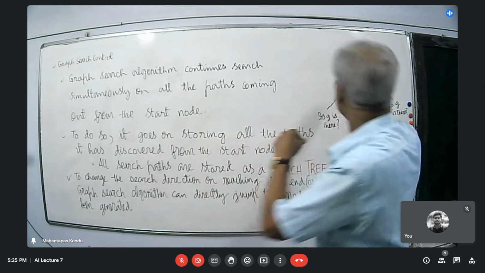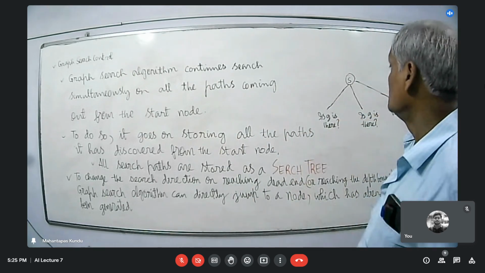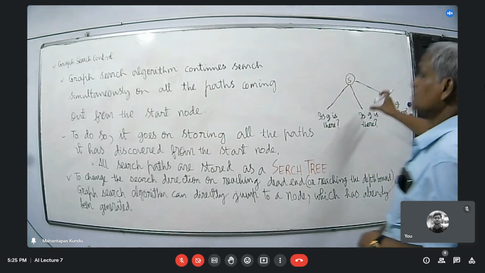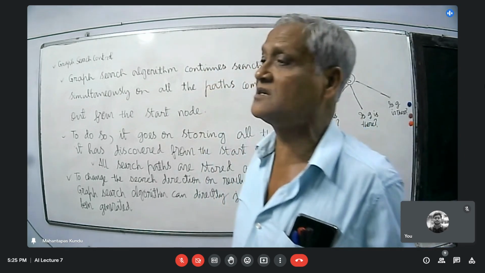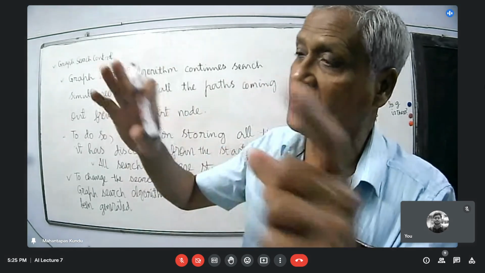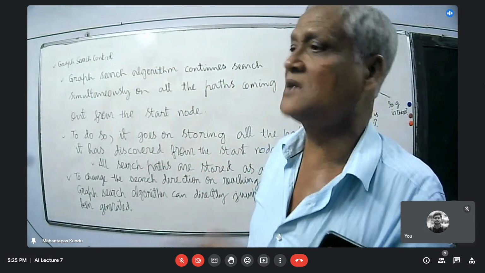So all these paths must be stored. And how can this be stored? To store all these paths simultaneously, we need a tree structure, and that is called search tree.